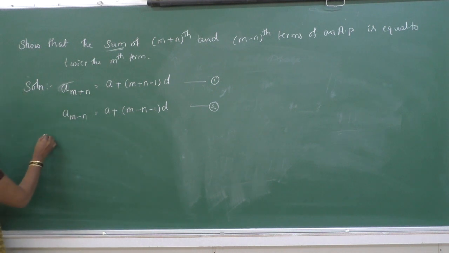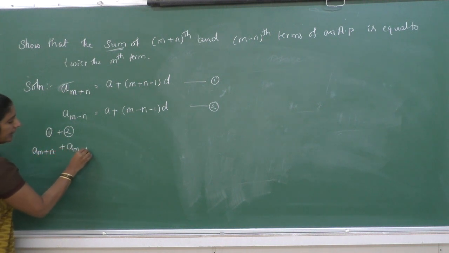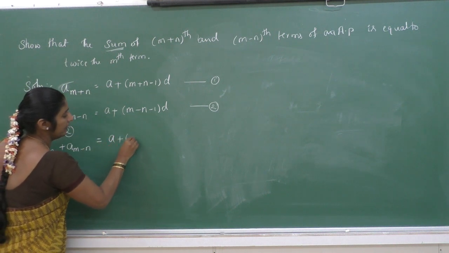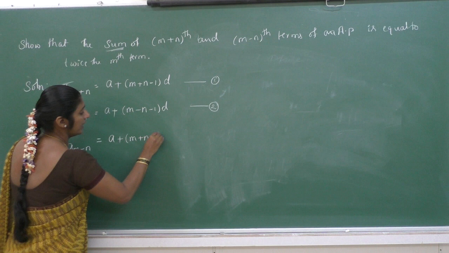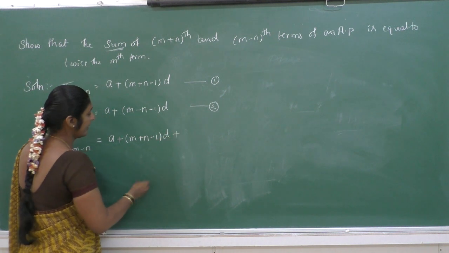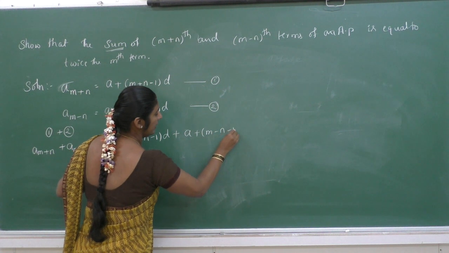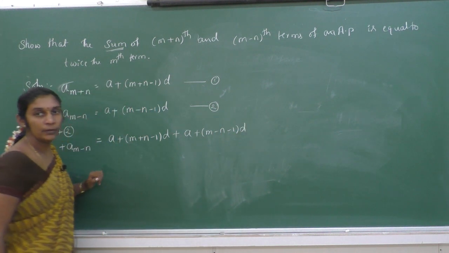So, you have to add 1 with 2. That means a m plus n plus a m minus n is equal to a plus m plus n minus 1 into d plus a plus m minus n minus 1 into d.